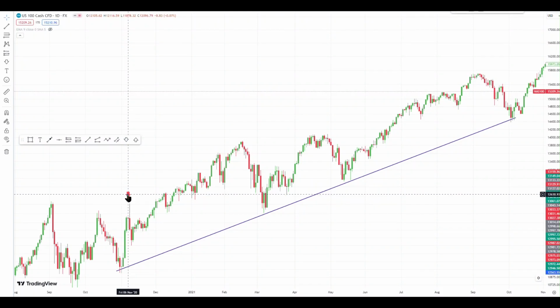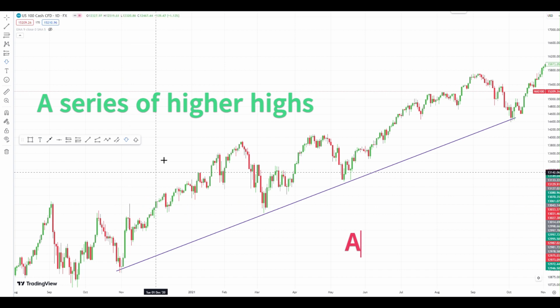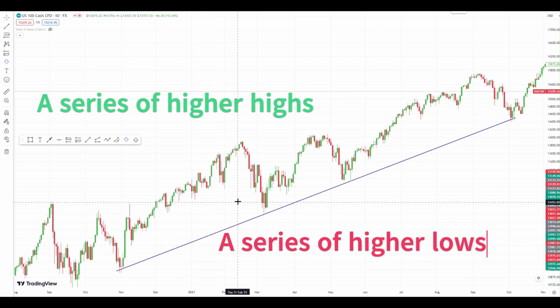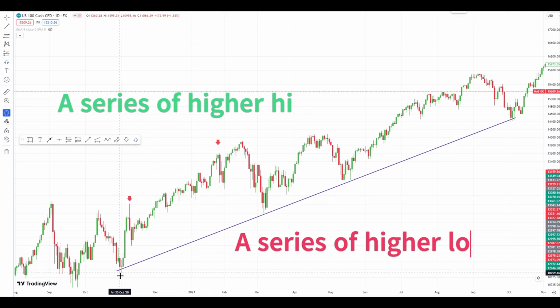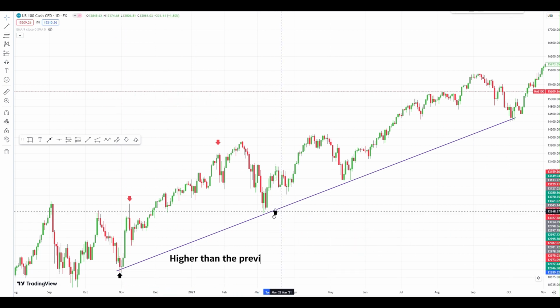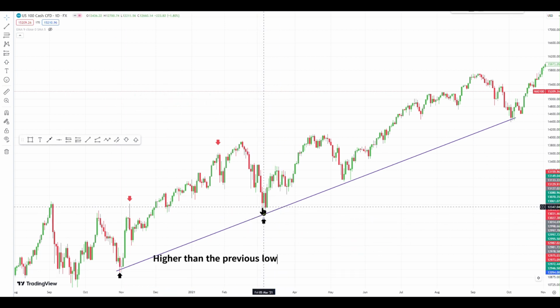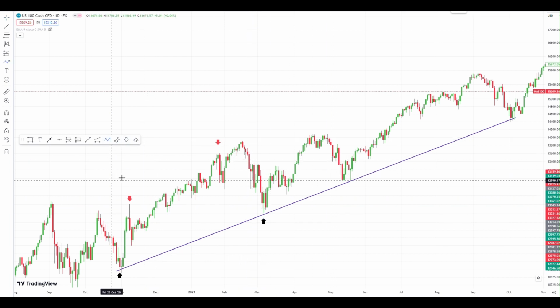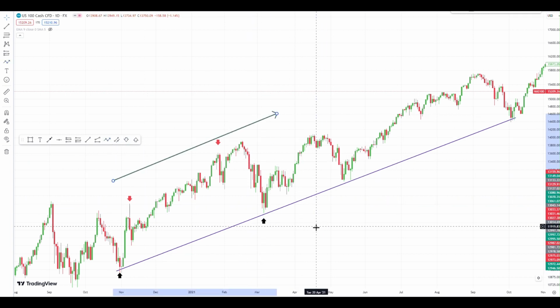However, as you can see here, an uptrend is a series of higher highs and higher lows. Right here, this high is higher than its previous high, and these lows are higher than the low that came before it, which shows you that we're in an uptrend, which means that the bulls or the buyers are dominating the market right now.